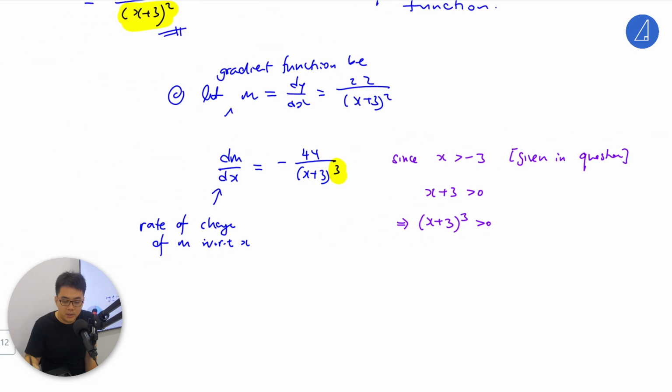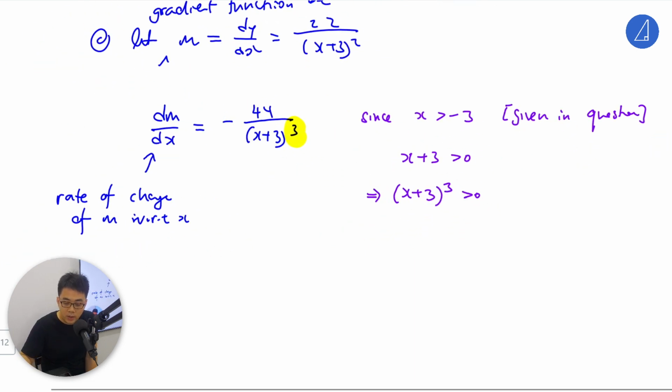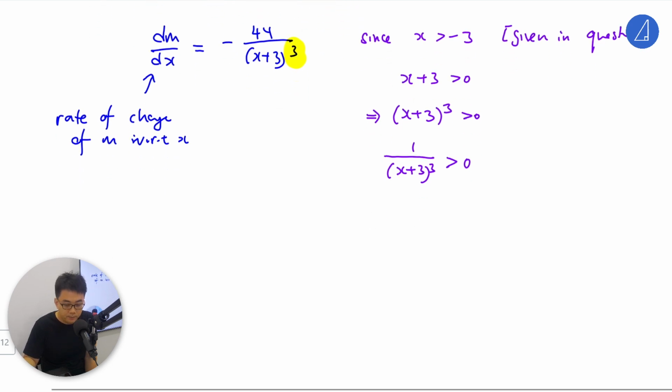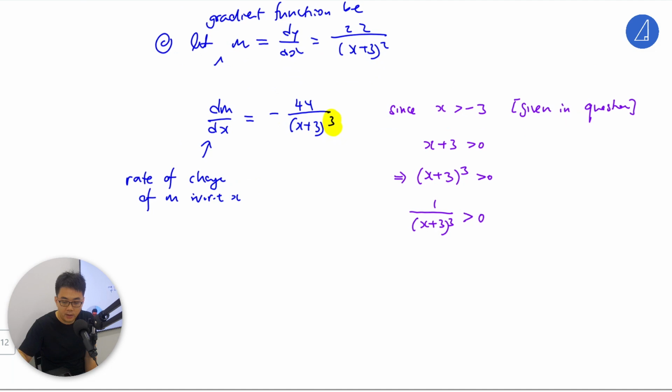Okay. So you start off with x bigger than minus 3, then (x plus 3) cubed is positive. Then what do we do? We take the reciprocal. When you take the reciprocal, this is still positive, because 1 over a positive value is still positive.